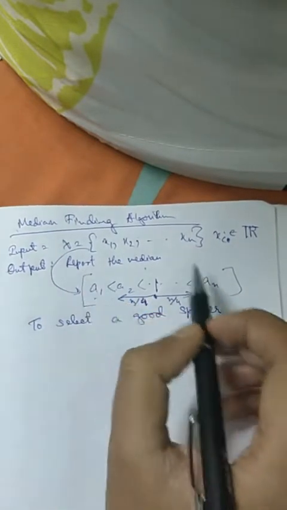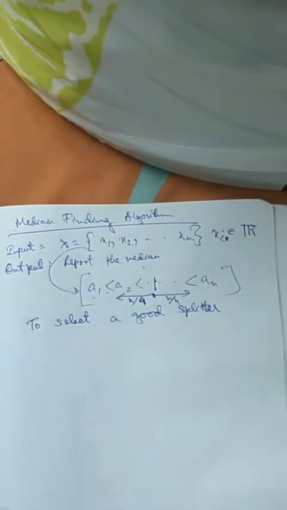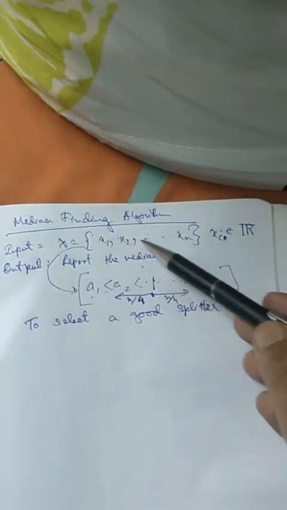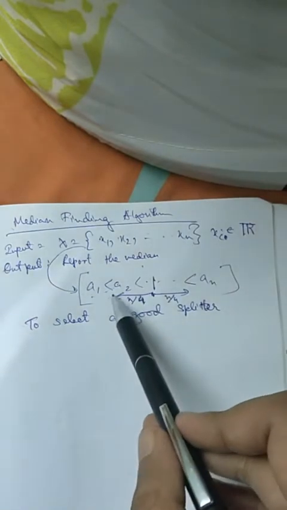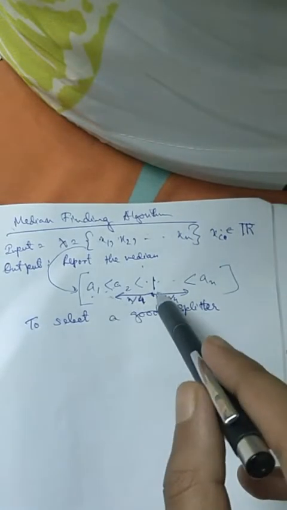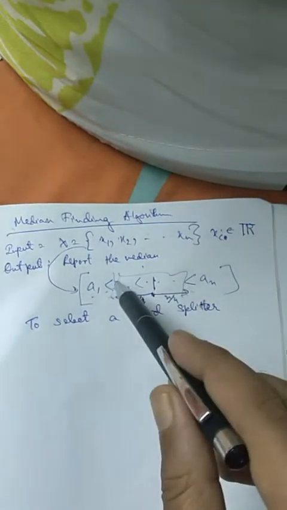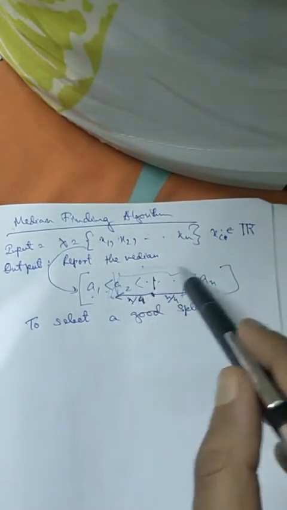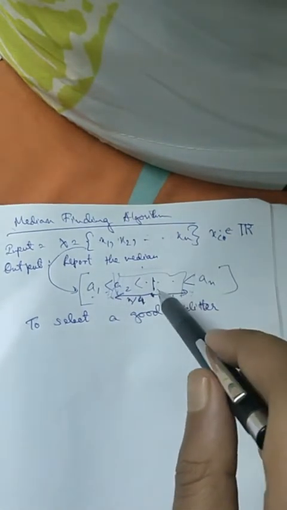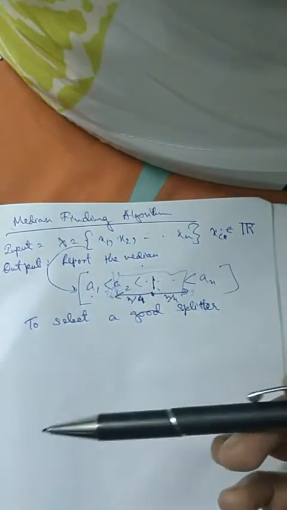So basically, I'm not sorting it, I'm just saying for the analysis, if we have the sorted sequence of these x1 to xn, and we are looking at n by 4 from the middle on this side and n by 4 on this side, then if we select a splitter from this part, we say it is a good splitter. If not, then it's not a good splitter.